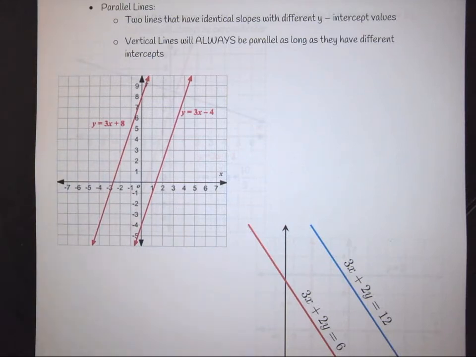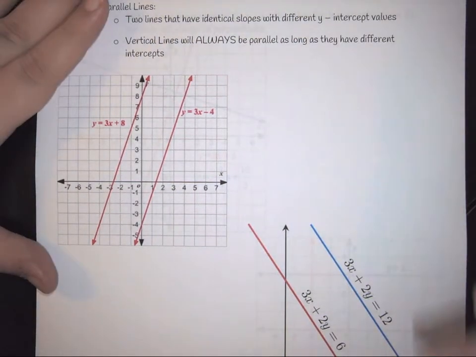Parallel lines mean you have two lines that have identical slopes but very different y-intercept values. So, what are we talking about specifically? Well, we are talking about two separate lines.